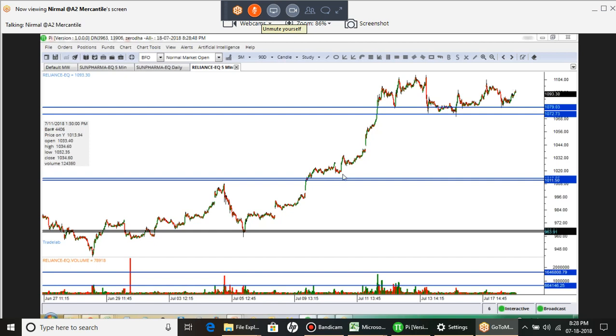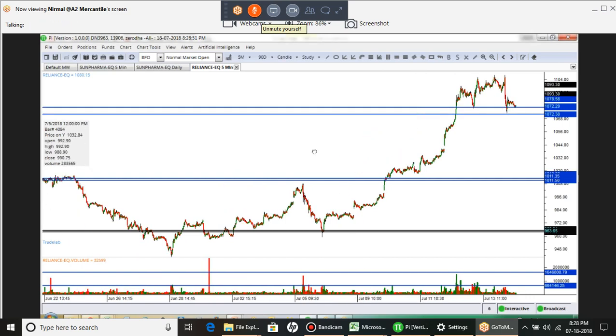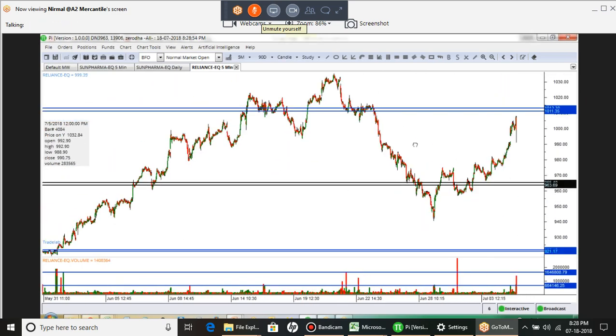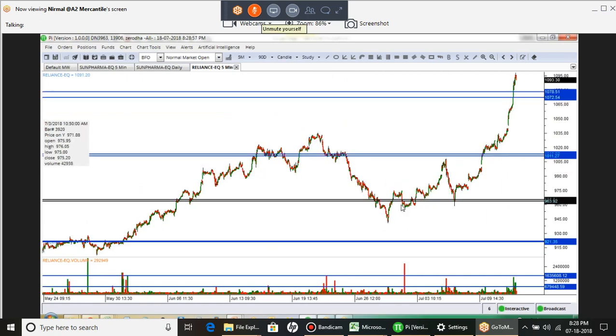And what I mean by sideways is, when July started, if I draw these two lines, Reliance was here, yes or no? Yes, sir. Okay. So when July is starting, Reliance is sideways.